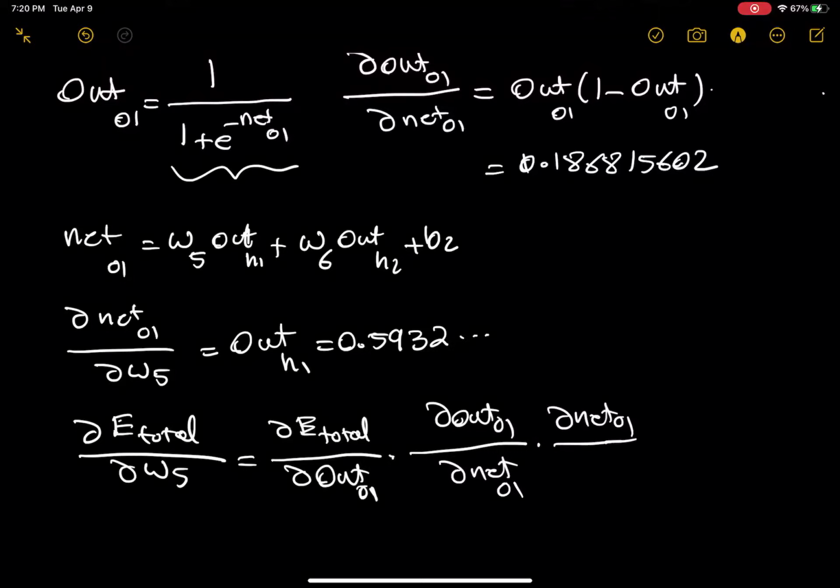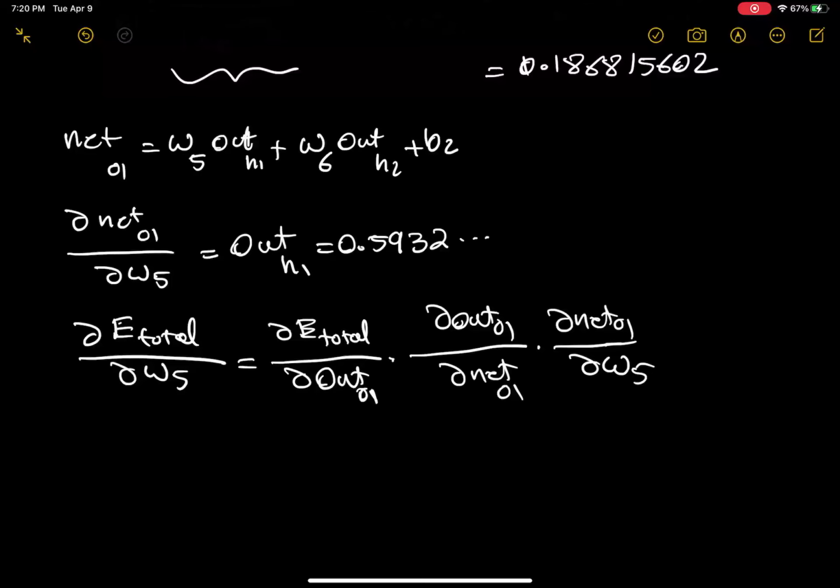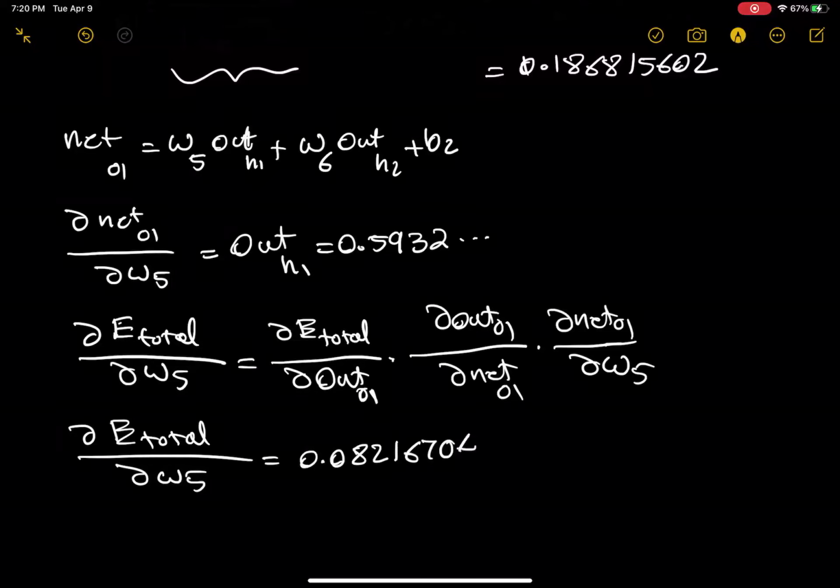This is the chain rule. This way you understand where the chain comes from. All you need to do is multiply each of them, which would give you 0.082167004. Good.